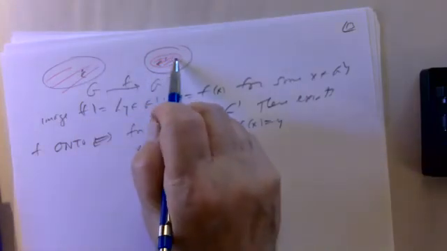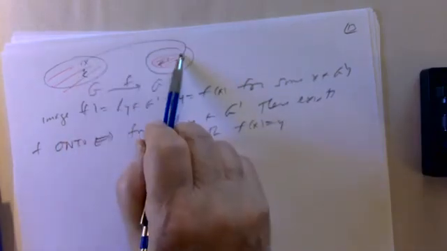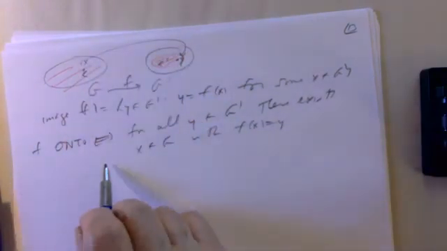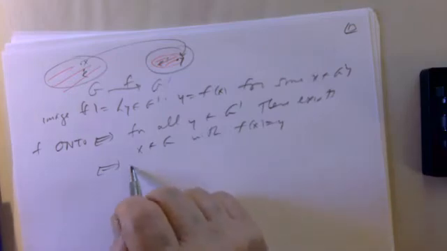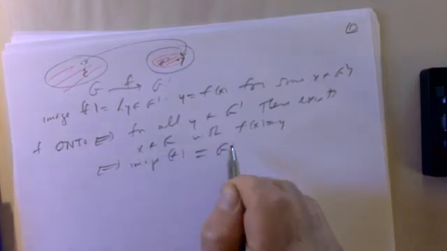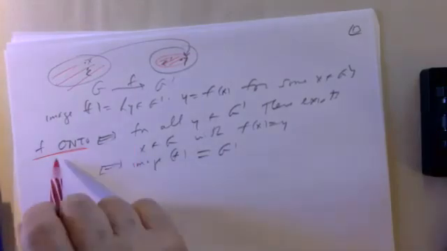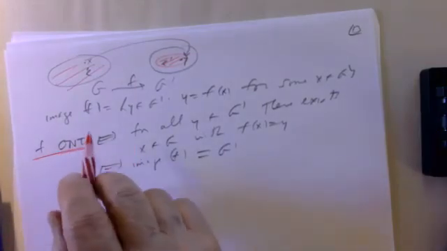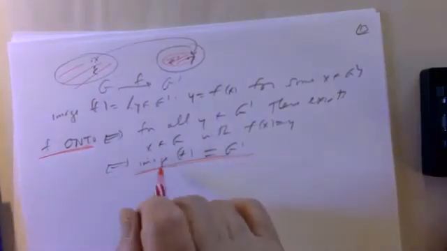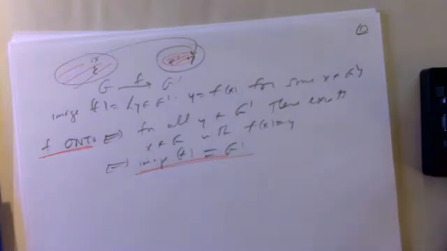That is, for any point y in G prime, I can find some x in G which gets mapped to that y, if and only if the image of f is all of G prime. So this is really nothing more than the definition, but a homomorphism is onto if and only if the image is all of this group G prime, which is the range of the function.